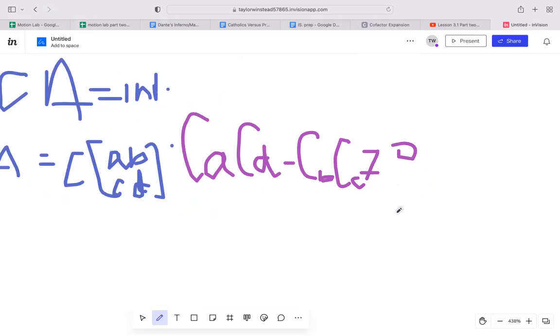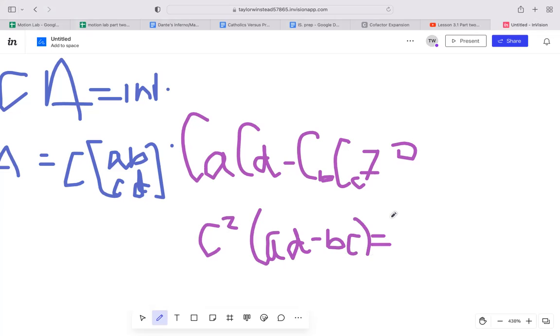Let's think about this. What were the conditions that we would have to have for this to not equal 0 and therefore to be invertible? Well, we can pull out C. Actually, we can pull out C squared. We have C squared times AD minus BC cannot equal 0. Well, let's think.